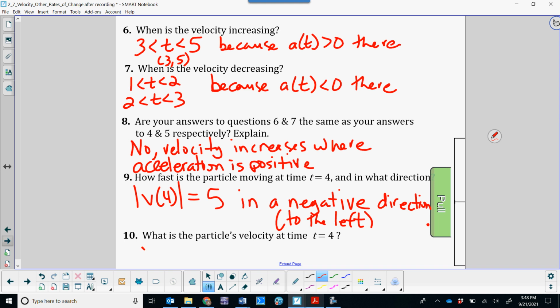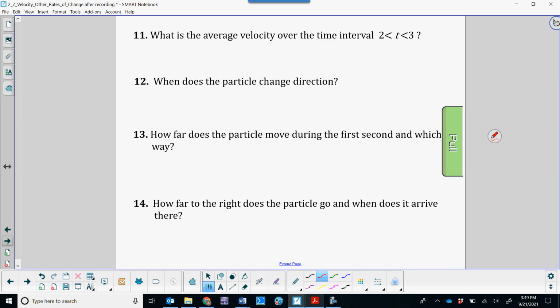So the velocity at time 4 is -5. You don't have to give a justification for that because that's just directly off the graph. We're not making any assumptions, but this is the proper way to write it. We do need to learn to speak in math, so we need to use the math. So v of 4 equals -5. Now you've answered the question and given all of the information they need.